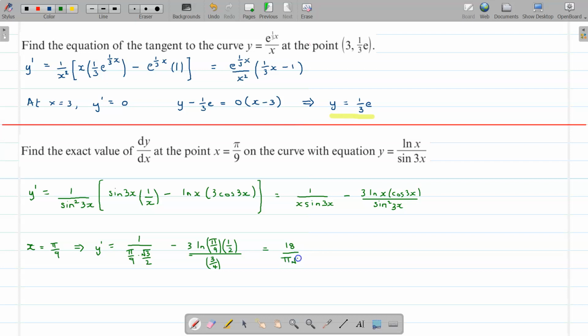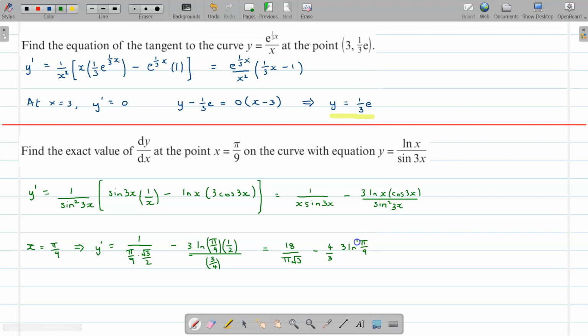And then that gets rid of that sort of tower of fractions. And then over here, I've got to put the 4/3 on top. So I've got 4/3 times by 3 log of pi by 9.